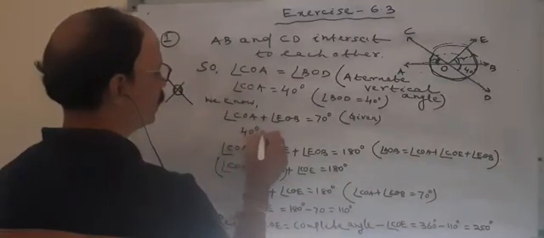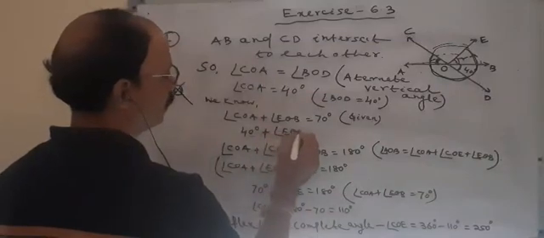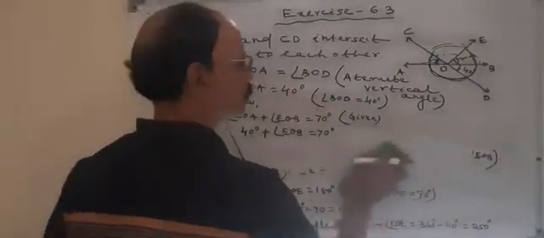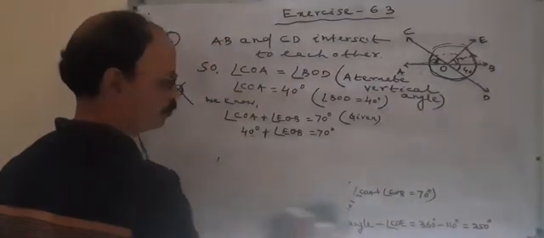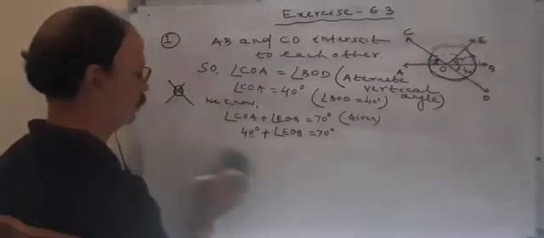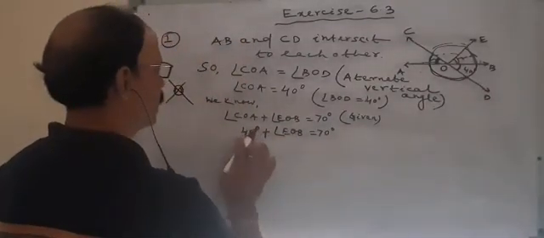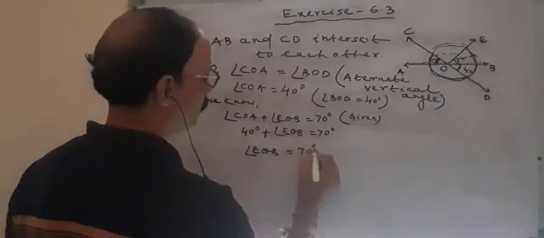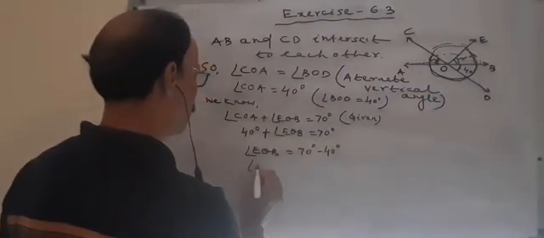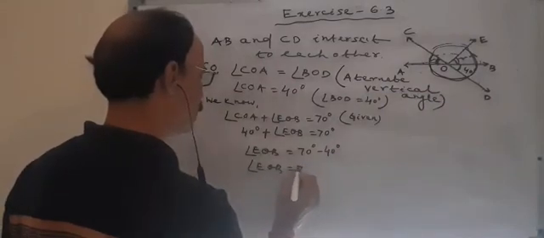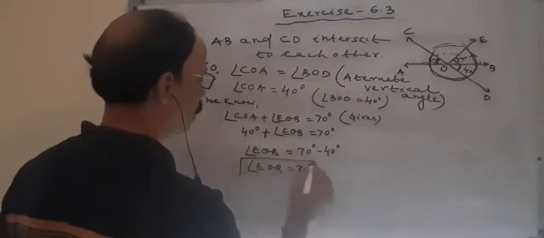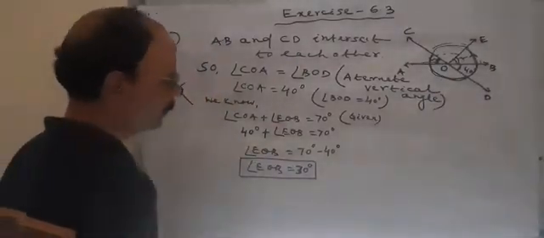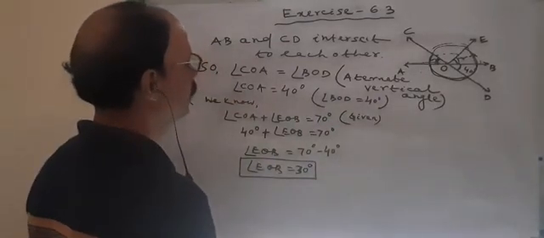So I place here 40 degrees plus angle EOB equals 70 degrees. Taking 40 degrees to the other side, angle EOB equals 70 minus 40. So angle EOB equals 30 degrees.